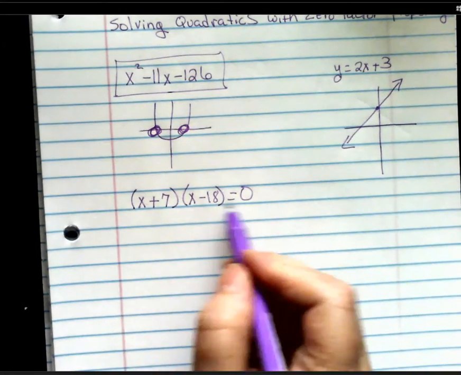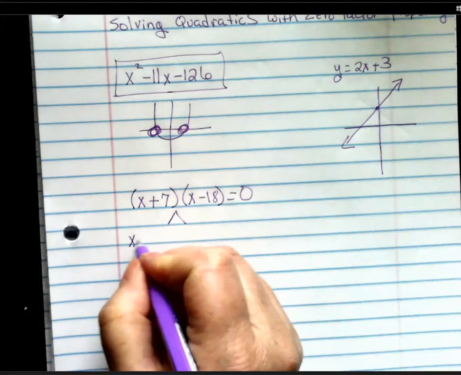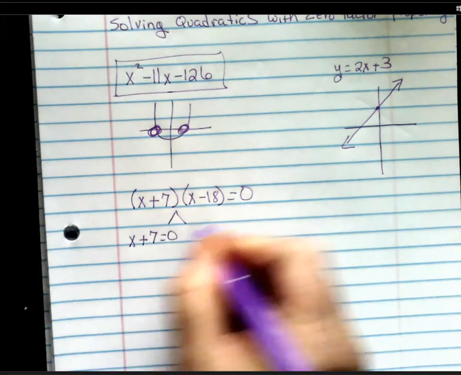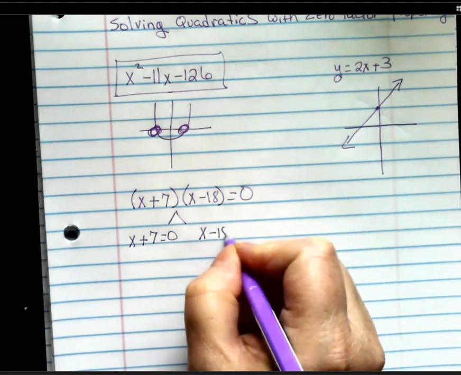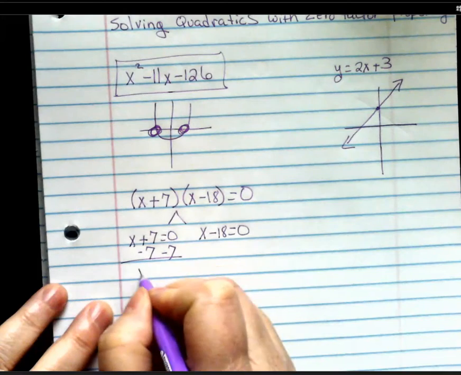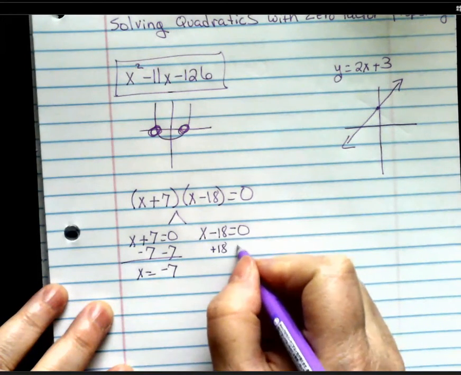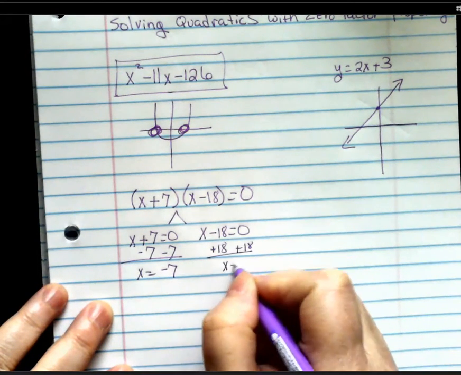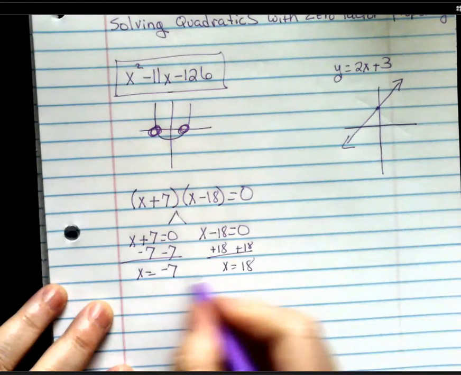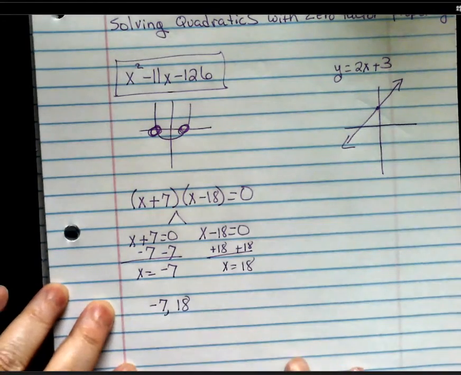And then all you do is you split it to where each part equals 0. So we subtract 7, x equals -7. We add 18, x equals 18. So my answers are -7 and a +18.